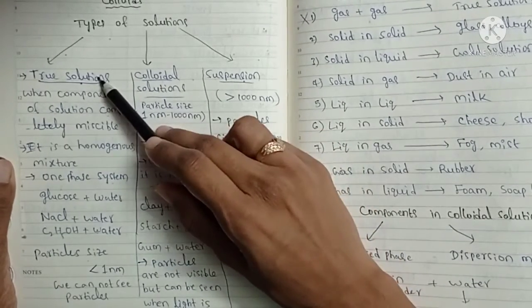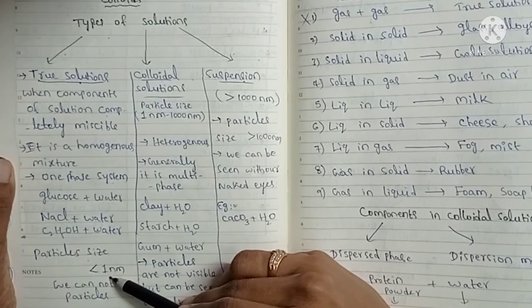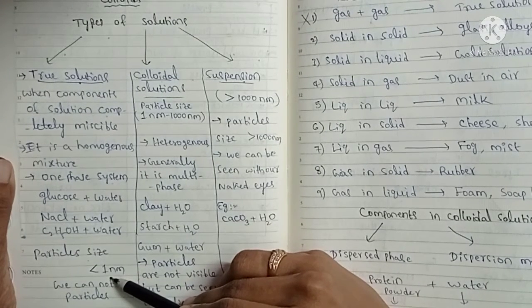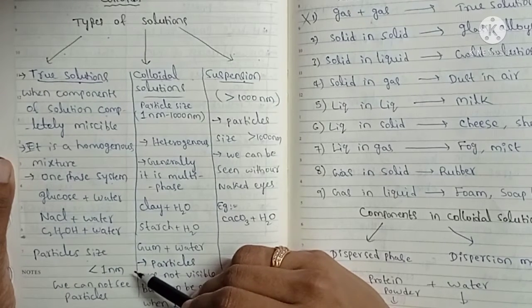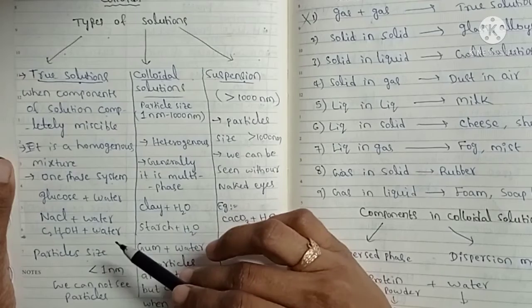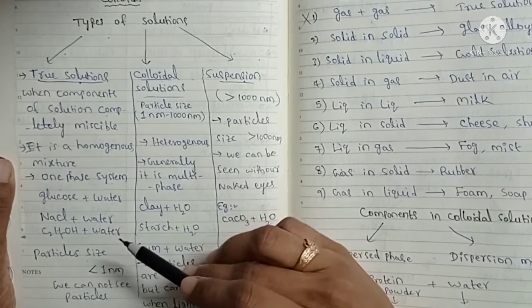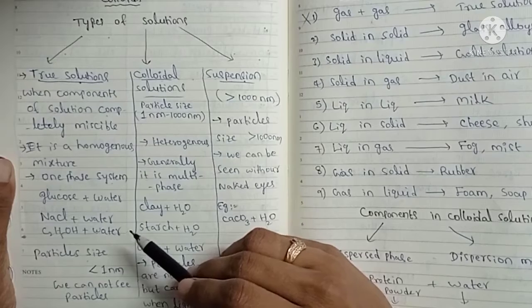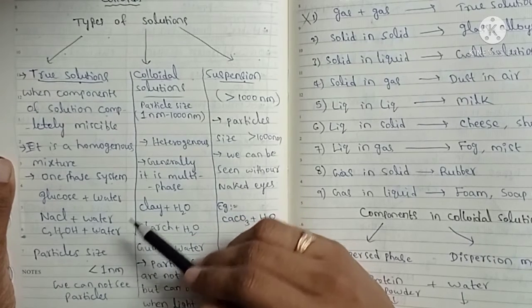For a true solution, the particle size is less than 1 nanometer, meaning the particles are very small. We cannot see them. It is completely miscible and forms a one-phase solution, either all in liquid state or all in gaseous state. When we mix salt in water, we cannot see the salt.